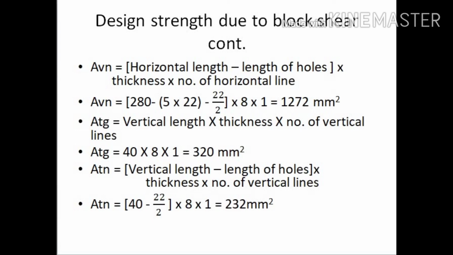Atn means minimum net area for tension, equal to vertical length minus length of holes, into thickness into number of vertical lines. That is, vertical length 40 minus hole length 22 by 2, into thickness 8 and number of vertical lines 1. So you will get 232 mm square.